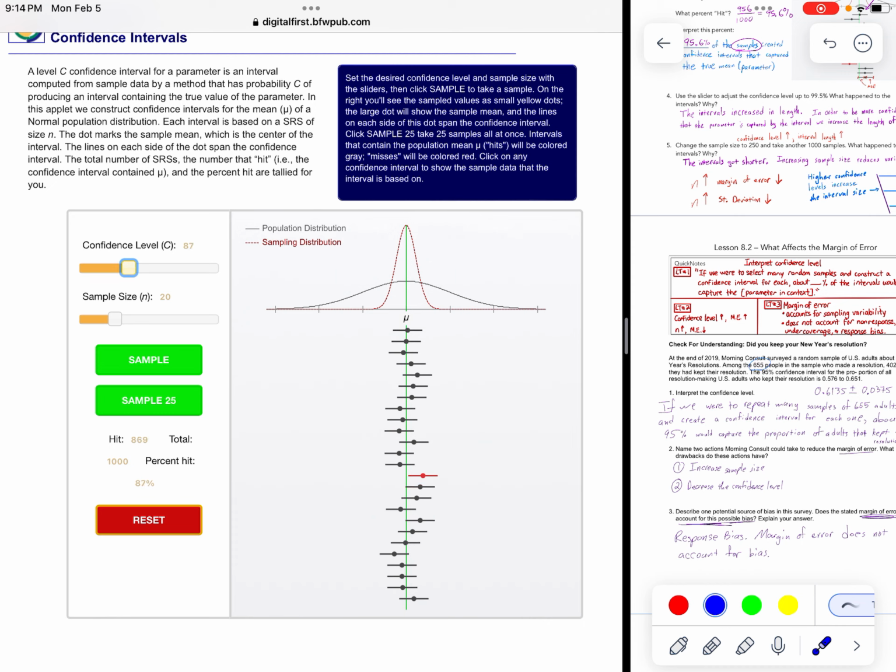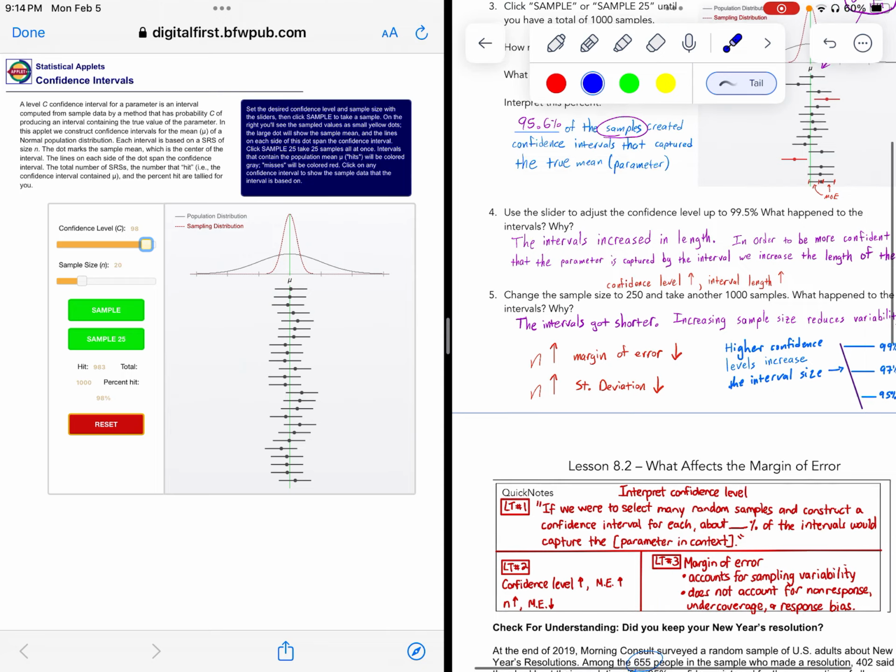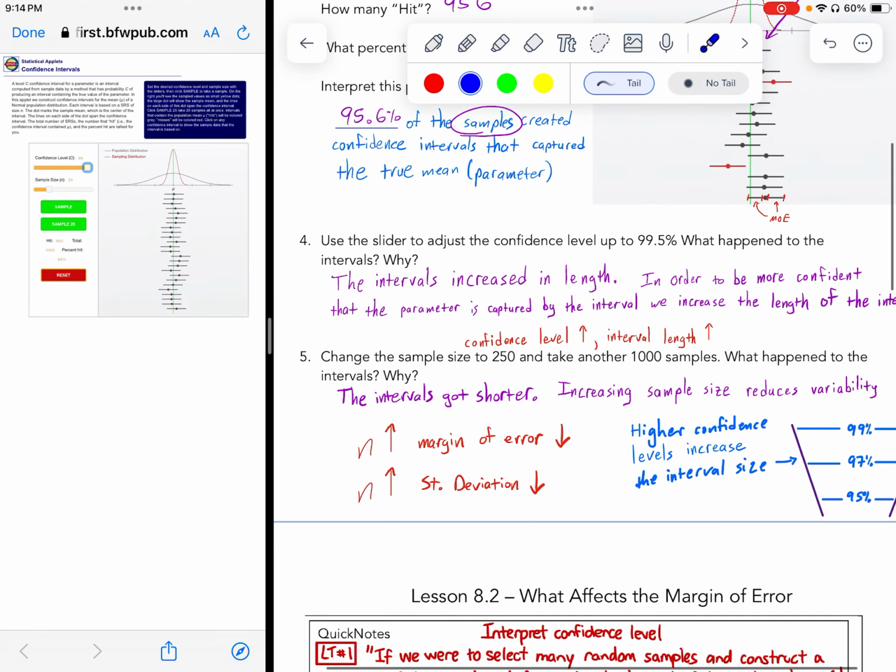So increasing the confidence level widens the interval, okay? Which is what number 4 is saying right here. We went from 95 to say 99, the intervals increased in length.